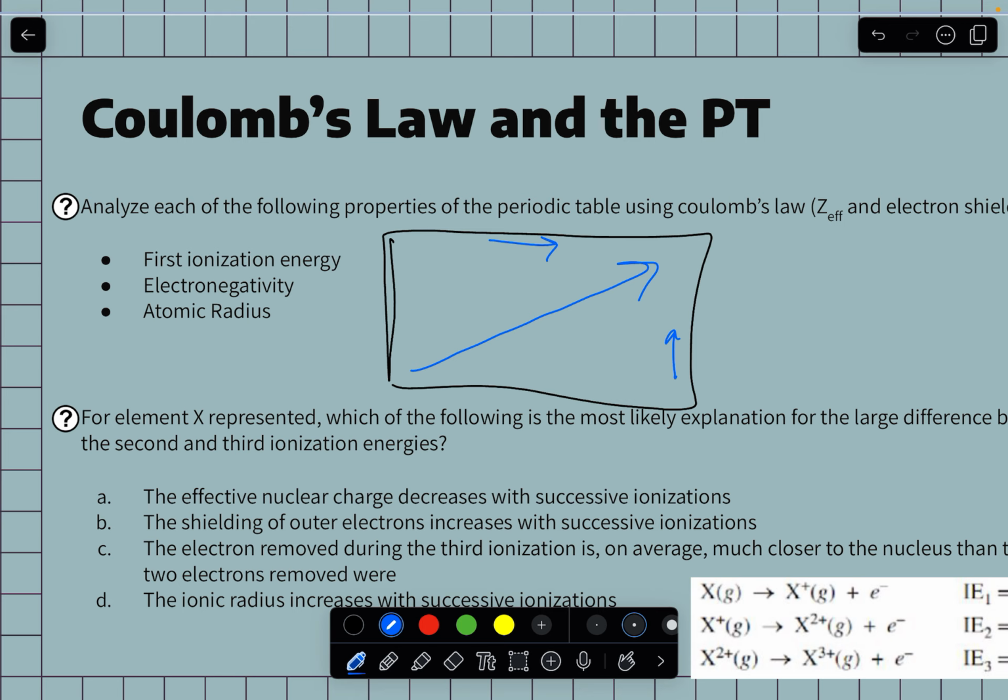The reason for that is, if you go across the period, you're increasing the number of protons, so that increases your effective nuclear charge. As you go up a group, you're decreasing your inner electrons, so that decreases shielding.